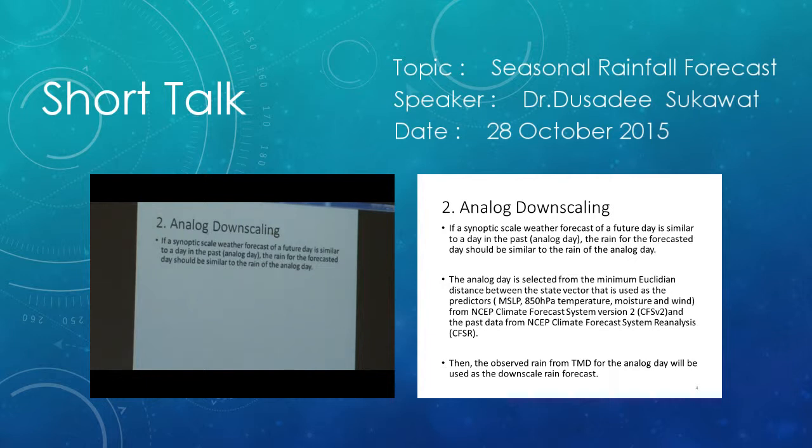Then we use the rainfall of that analog day as the rainfall forecast for the future day. This concept is not new. It has been used manually for more than 50 years. But today we have inexpensive computers, so we can apply this concept using a computer.